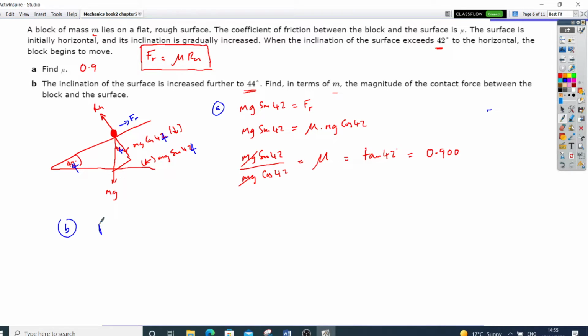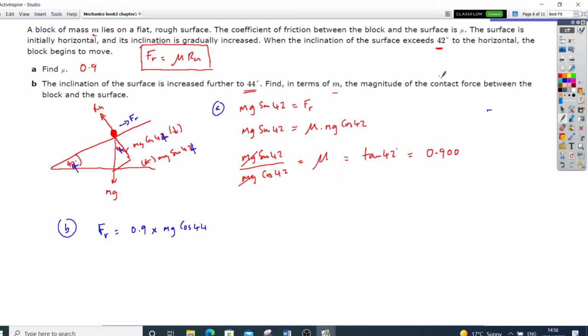So friction is going to be 0.9 times the contact force, which is going to be mg cos 44. Okay, so that's going to be the friction. So mg cos 44 times that.